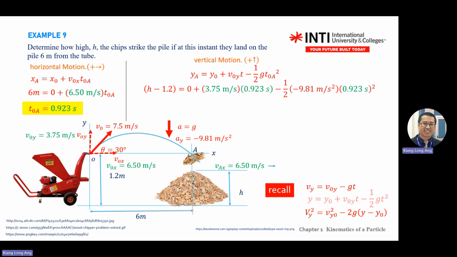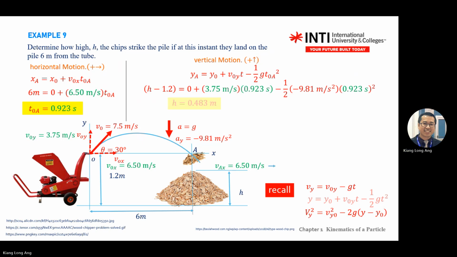Okay, in this case, I substitute negative. It should be positive. But if you use negative, this one is not wrong. But I assume that when it reached there, I'm looking at going down. Right. You can use positive here. This one you can write positive.